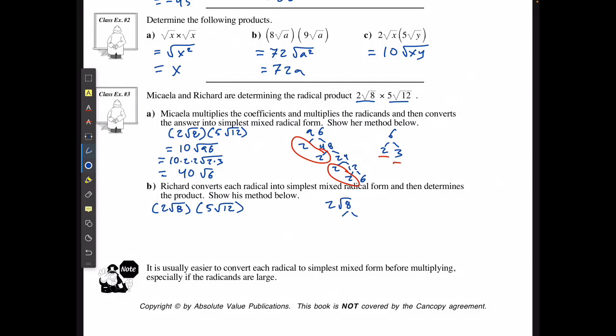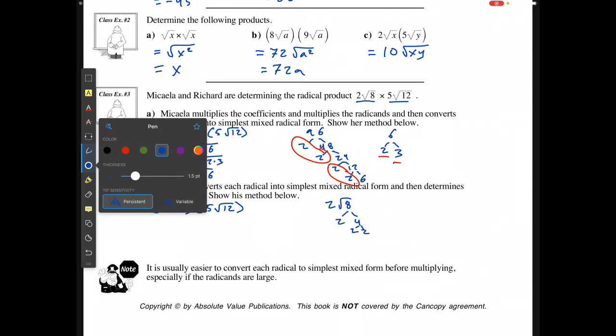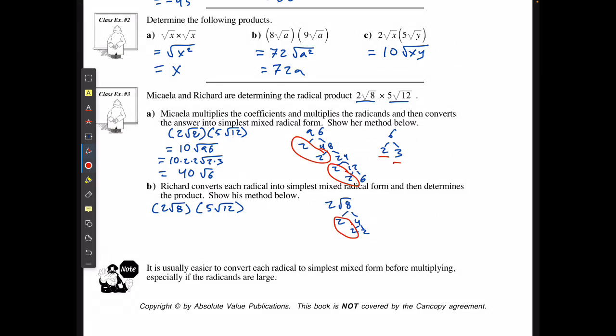And that's going to give me 2 and 4, 2 and 2, or 2 times 2 times the square root of 2, 4 root 2.